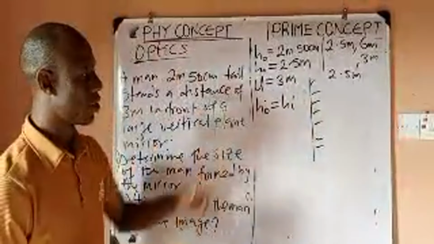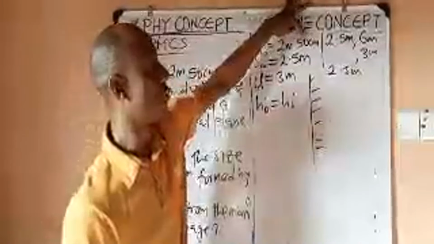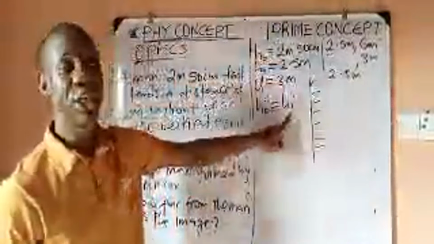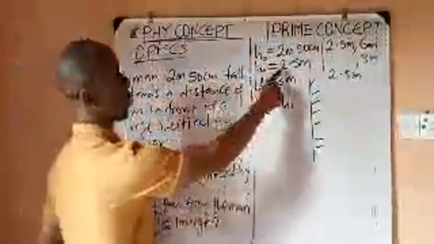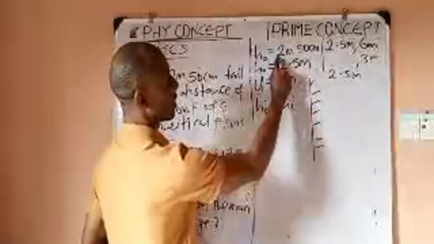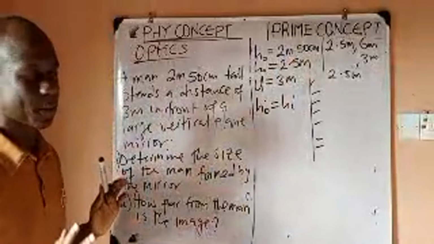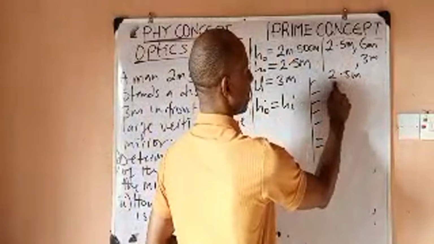We have said it. So it means that if the height of the object is 2 meters 50 centimeters or 2.5 meters, it means that the height of the image is the same thing. So the first question is 2.5, or you can say 2 meters 50 cm. Anyone you see in your option is correct. So it means that this person got it, this other person got it, this person also got it.